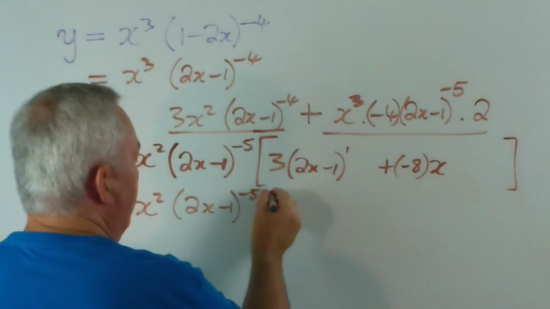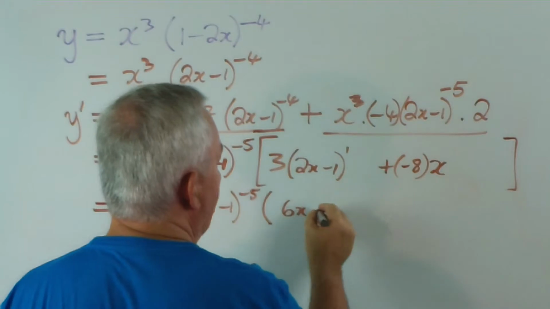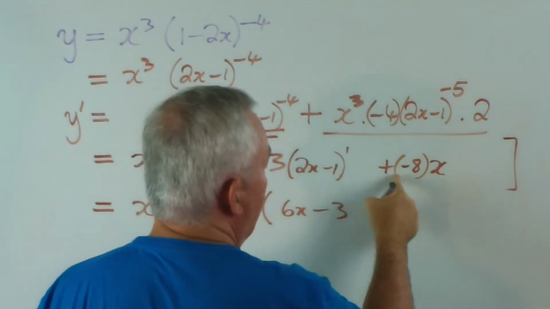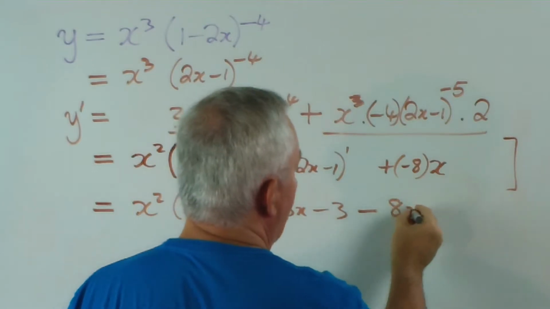And what have we got here? We have 3 times 2x is 6x, 3 times negative 1, and plus negative 8 is negative 8x.